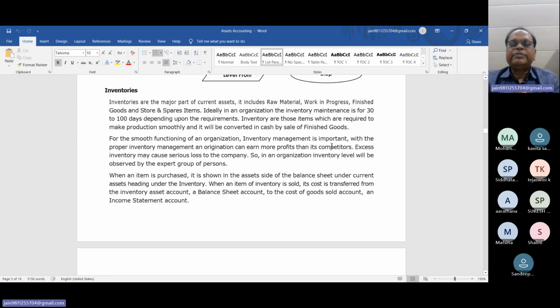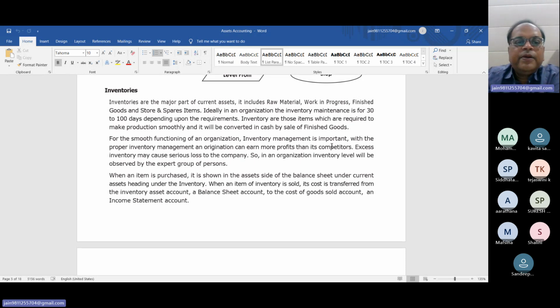What is inventory management? We have already discussed it in the chapters on store control, store accounting, and the inventory control system. The steps are: purchasing, receiving, quality control, inspection, storage, issuing, and stock audit.